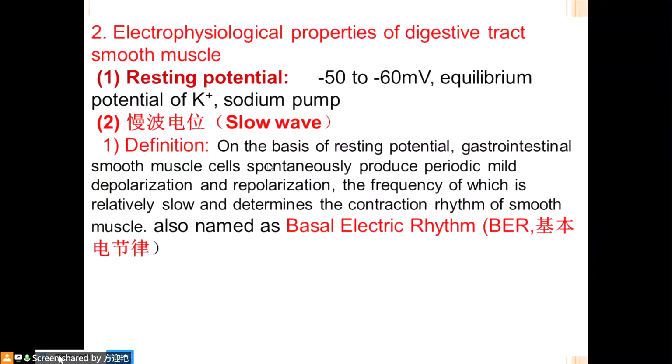The basic electrical rhythm means that, on the basis of the resting potential, the gastrointestinal smooth muscle cells spontaneously produce periodic mild depolarization and repolarization, at a relatively slow frequency, and this determines the contraction rhythm of the smooth muscle.